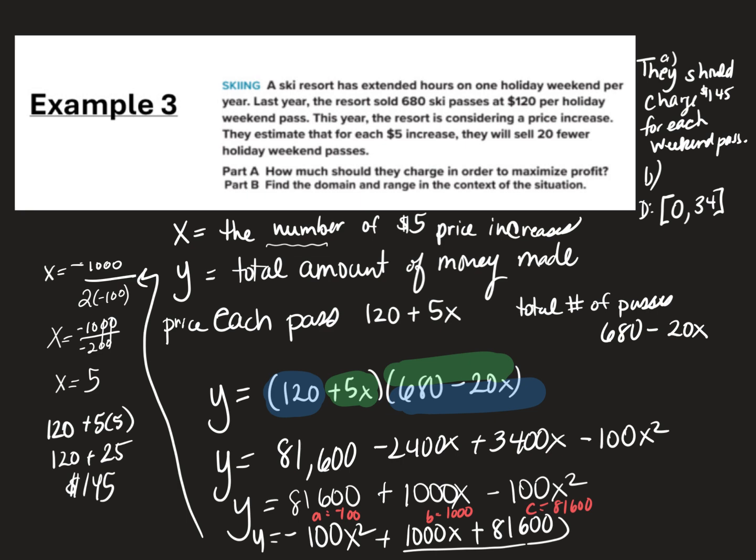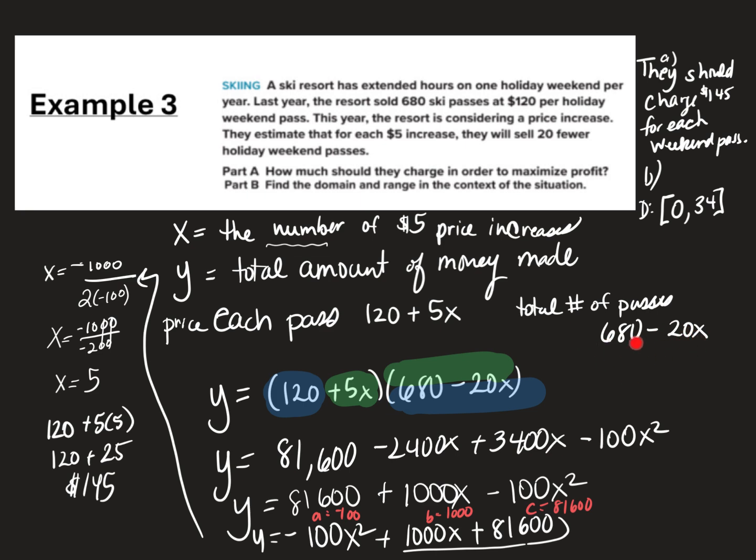And then the 34 comes from looking at 120 plus 5x times 680 minus 20x. No value is going to make this become a negative number, or 0, except 0. But what value would make this become 0? That would be if you put 34 in. 680 minus 20 times 34 is 680, and that would become 0.